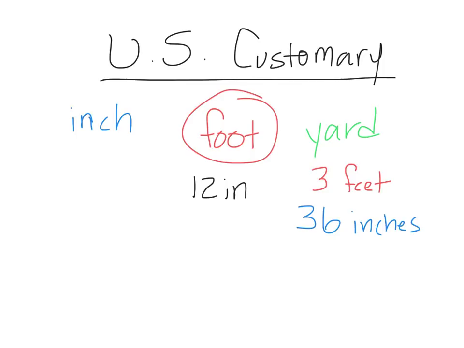That means that's the same as 36 inches. So a foot is 1/3 of a yard, and an inch is 1/12 of a foot, and 1/36 of a yard. Now these are the abbreviations for yard, YD, foot, FT, and inch, IN.